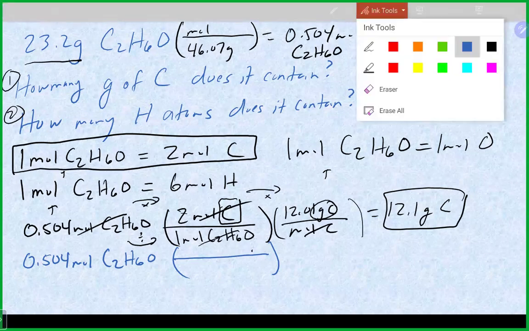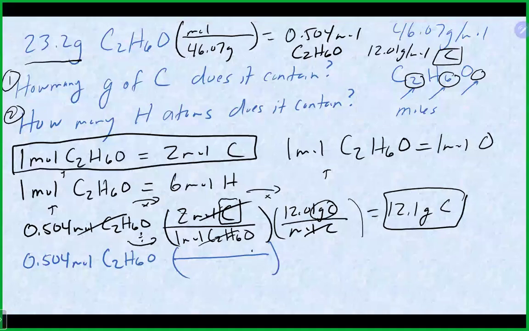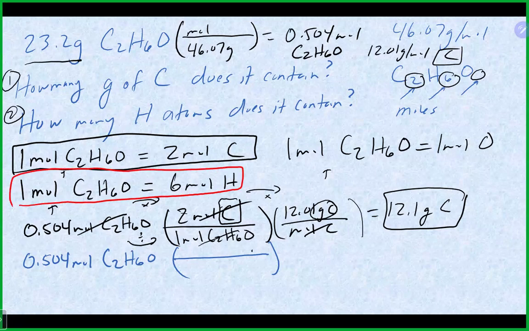Looking at our relationship from the equation, we could see that for every 1 mole of the entire thing, we're getting 6 moles of hydrogen. So 1 mole of the entire thing here will give me 6 moles of hydrogen. If I stop my calculation right at this point, I'm in moles of hydrogen, which once again is not what I'm looking for, but I am looking for atoms of hydrogen. And now this is where Avogadro's number is going to come into play.